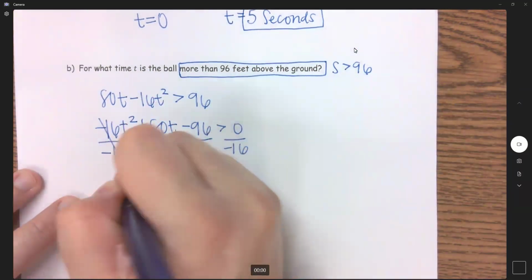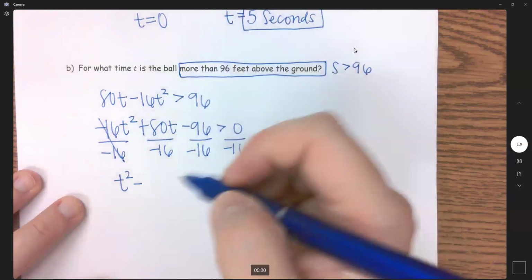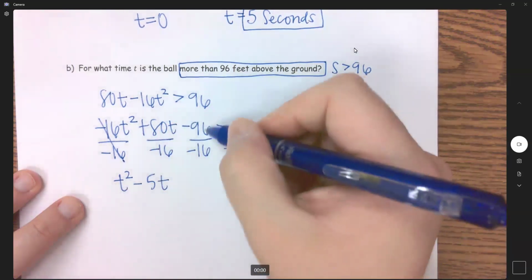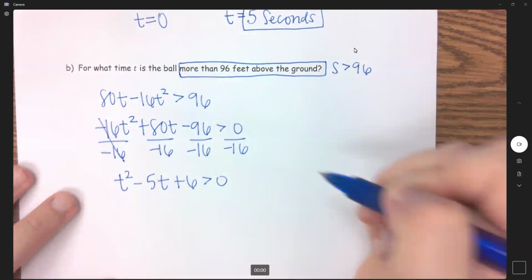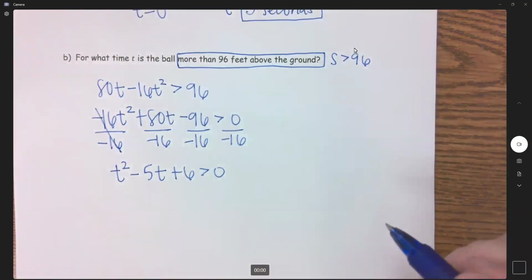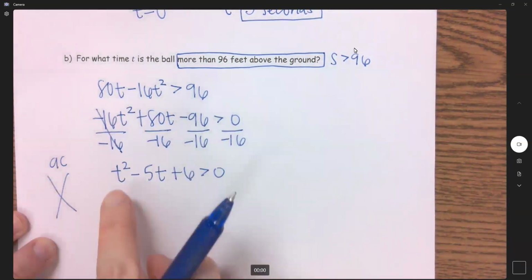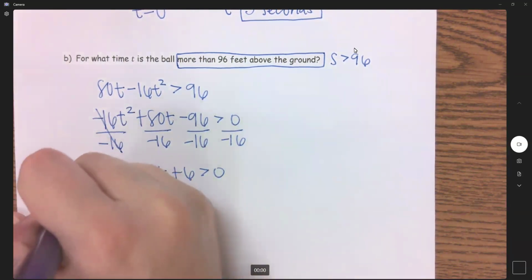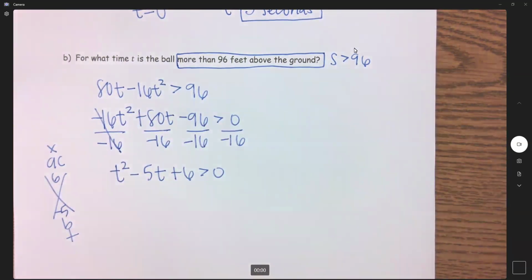Those cancel. We have t squared. This we did up above. That's negative 5t. And when you put this in your calculator, this is 6. So now we have still a trinomial, but it's reduced down. So now let's go into our x. My a times c is 1 times 6. And my b term is negative 5. What adds up to b, but multiplies to ac?